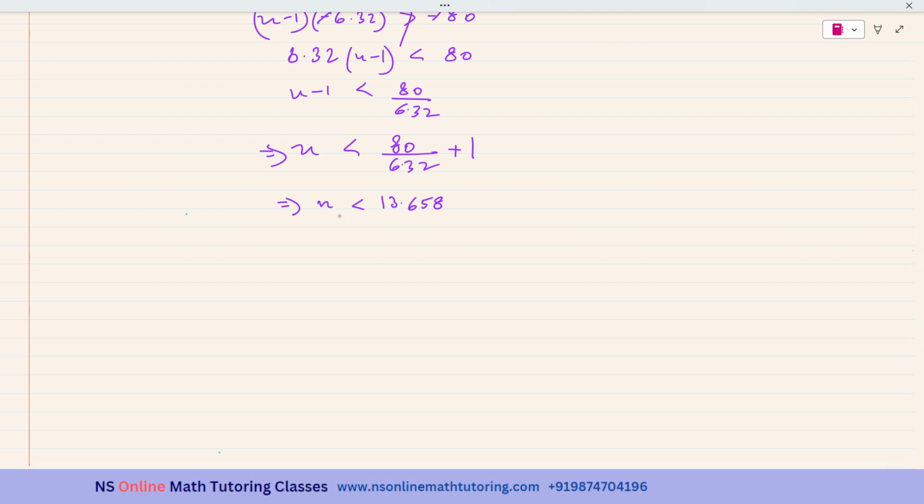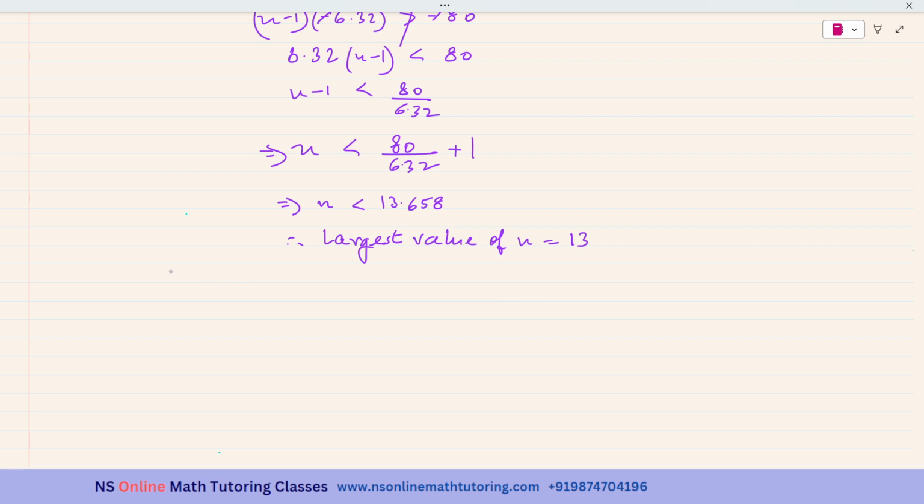Since n is a positive integer, what can be the largest positive integer which is less than 13.658? Therefore, the largest value of n is equal to 13, which is less than 13.658.